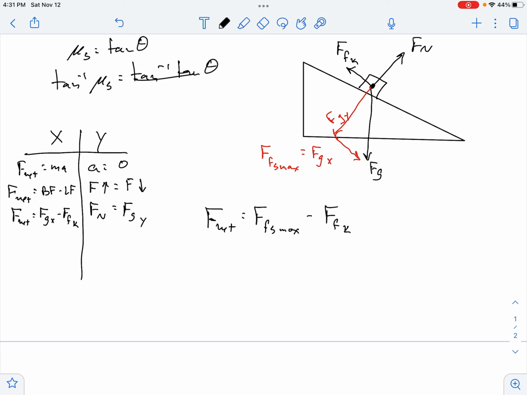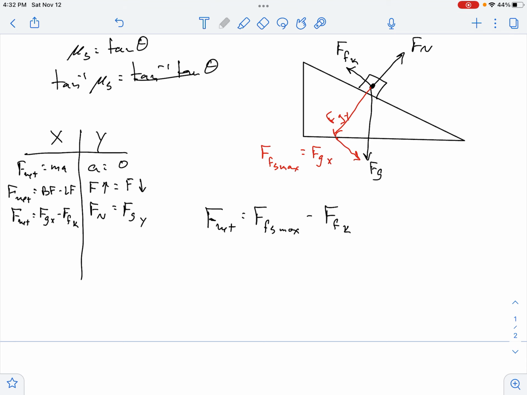Again, that is just substituting in force of friction static max for Fgx, because we left it at that moment where the angle is where it had just started to slide, which means my pushing force, my driving force, my big force is still just exactly what it was to get it to keep moving, right? So my net force, I can go ahead and start plugging things in on this.